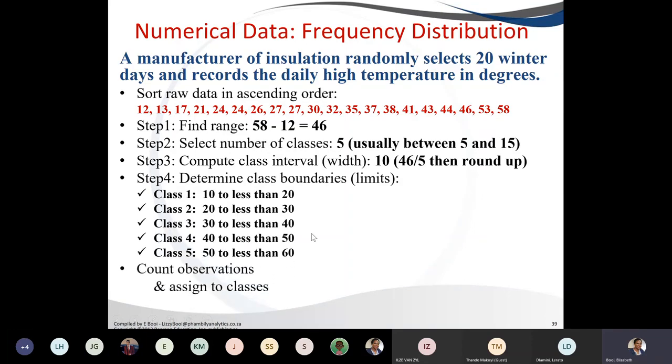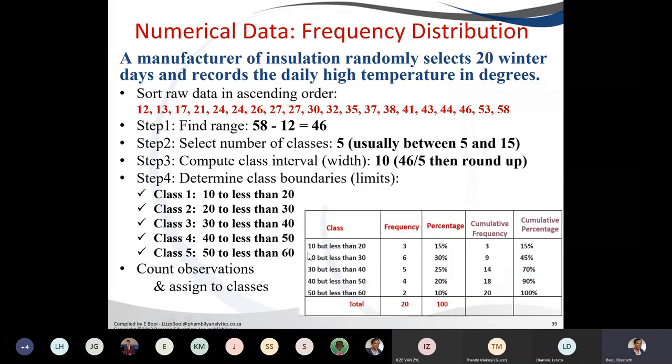Then, once we have created all our classes, we can start assigning all these data points into each class. So we start counting each and every one of them and putting them there. So we say those that fall between 10 but less than 20, we go 1, 2, 3. 21 is above, so there are only 3, and we record the 3 there.